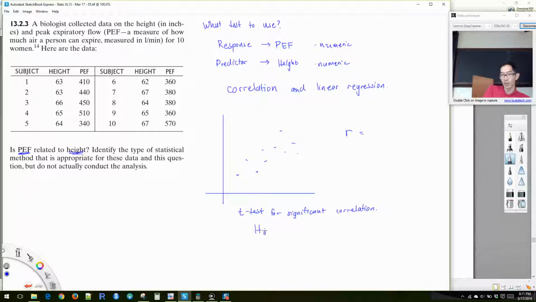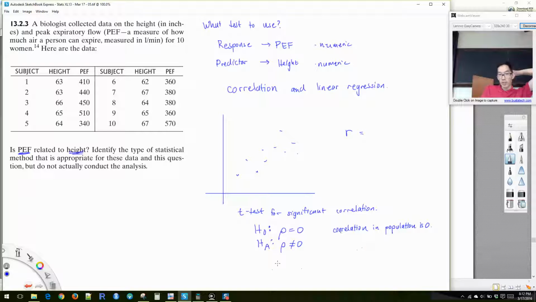What's the null hypothesis for this? Yes, rho equals 0. We want to know if the correlation in the population is 0. And then the alternative would be that it's not 0, or greater than 0, or something.